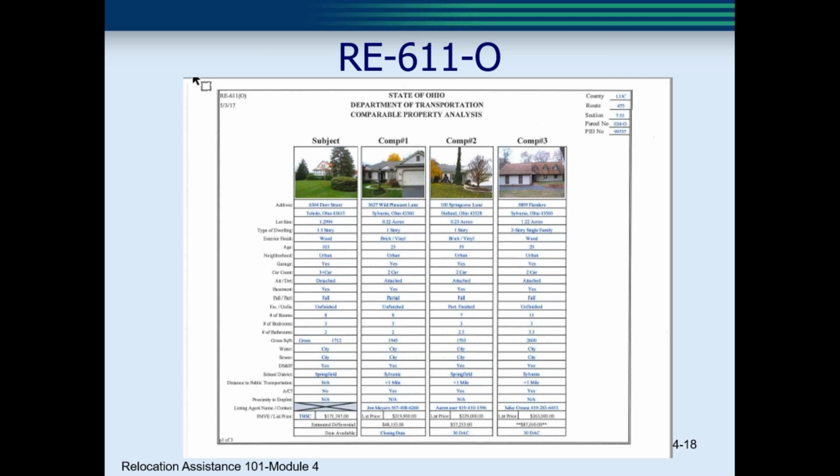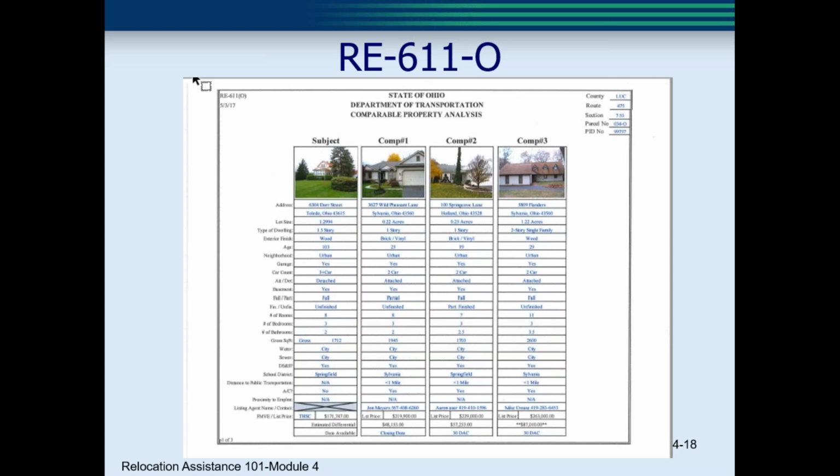Many factors of comparability are objective, but some are subjective. Thus, the relocation agent must exercise sound judgment when selecting a prime comparable. The comparable may not possess every feature of the displacement dwelling, but again, it must always meet the test of equal to or better.